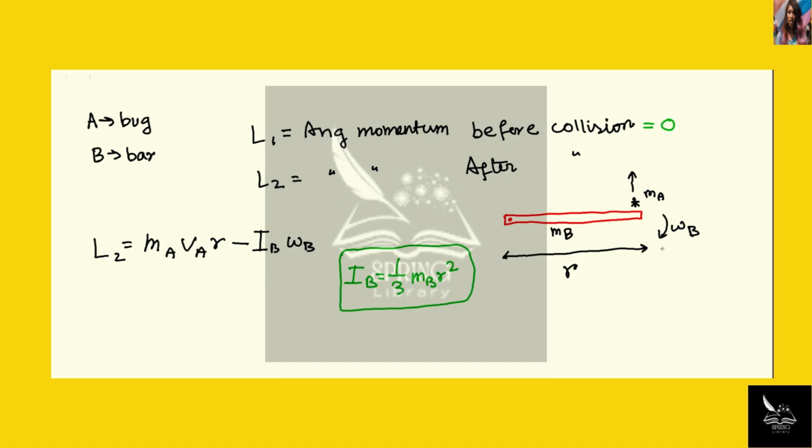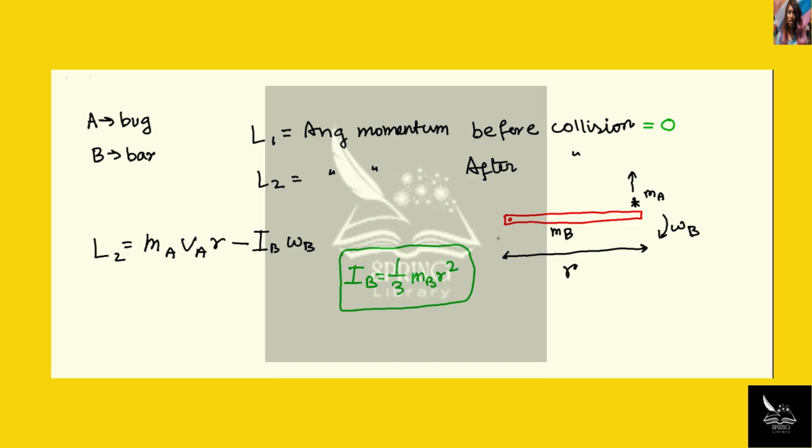Since omega b is going in the opposite direction, we put a negative sign after that, and then we put the angular momentum due to the pivot or due to the bar, which is ib times omega b, where ib is the moment of inertia for the bar.